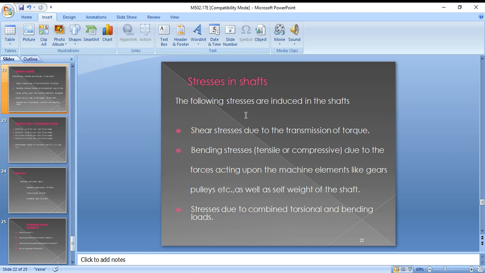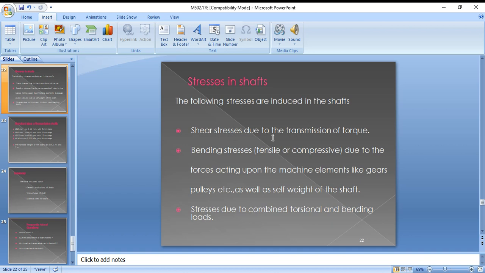So here there are different stresses developed, that is shear stress due to the transmission of torque. Mainly shafts are designed based on the shear stress because the shaft has to transmit power from one place to another place.